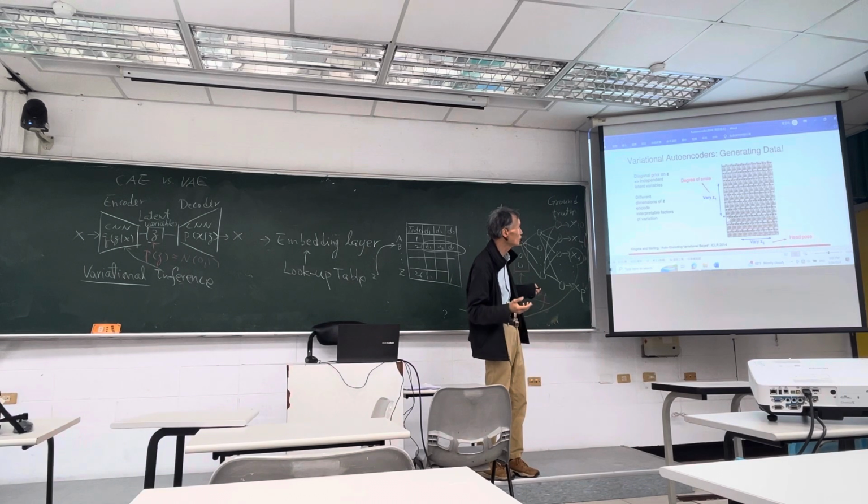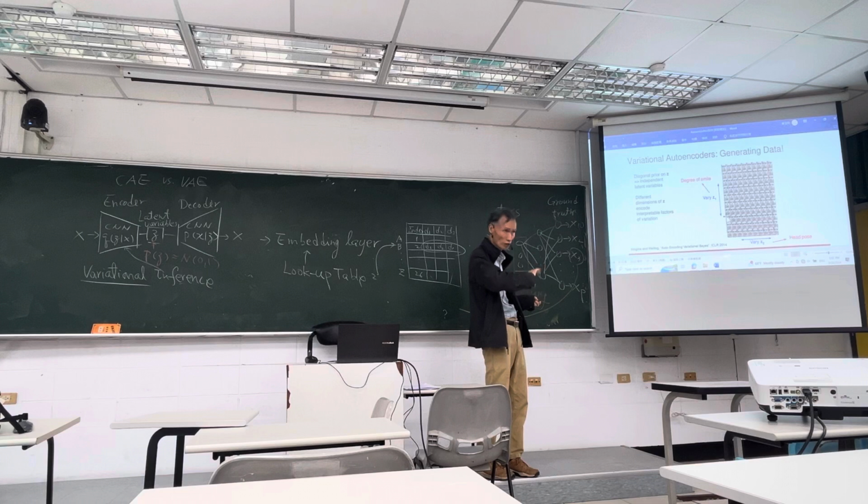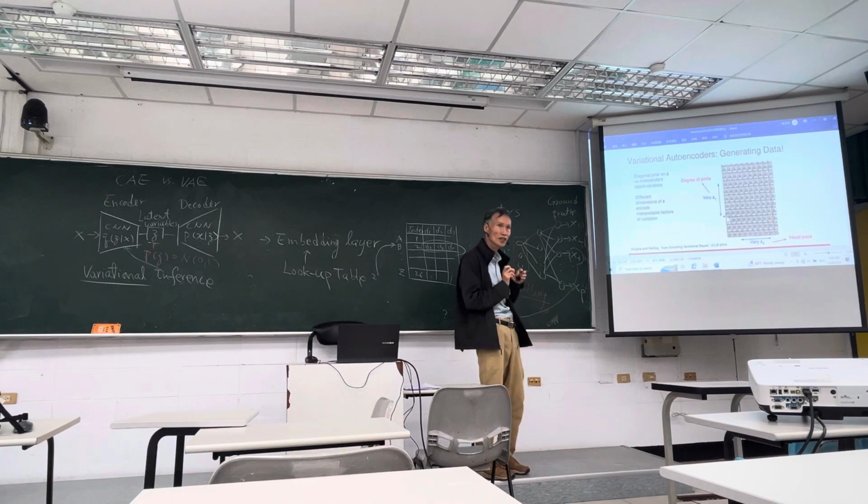Suppose we have two hidden variables here, Z1 and Z2. See that when you change the value for Z1, you change the degree of smile. Then when you change the value of Z2, it will show you a different pose. It turns from left to right or right to left. That's how we can manipulate.